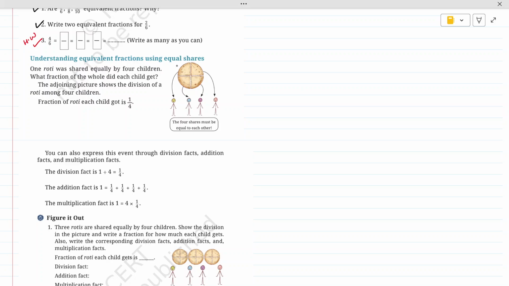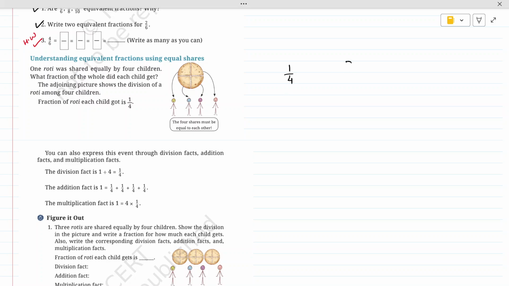Understanding equivalent fractions using equal shares. Here we are given one example where there is one roti which is being divided among 4 children. When one roti is divided among 4 children equally, the share of each kid will be 1 by 4.